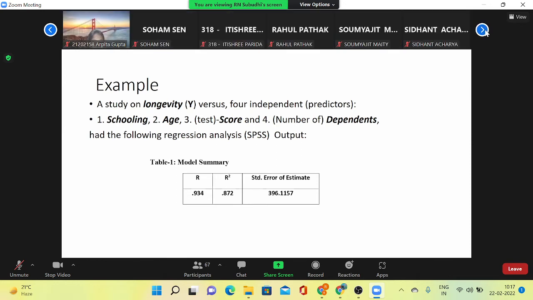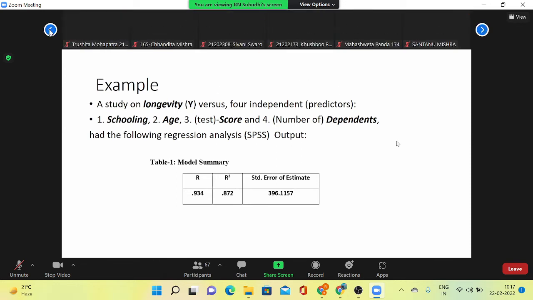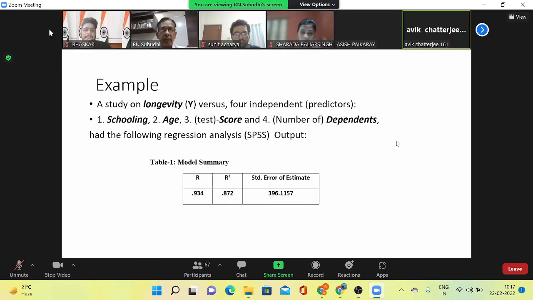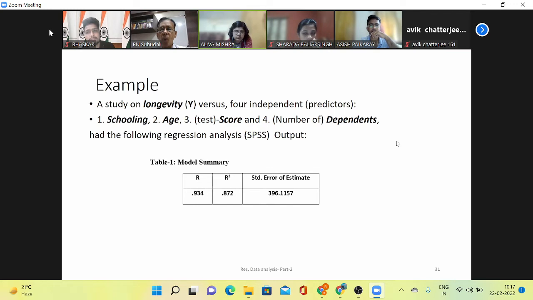Ashish Paikra, then Avik Chatterjee. No, sir. Aliva, Gautami. So, is anybody getting it or not? Sir, when someone joins any organization young, they try to switch over very frequently.